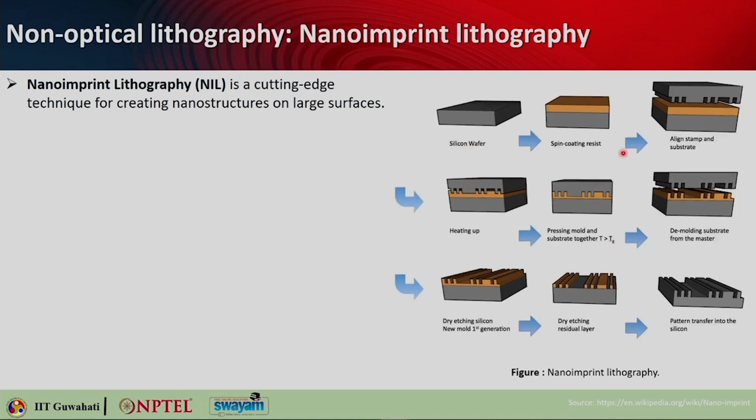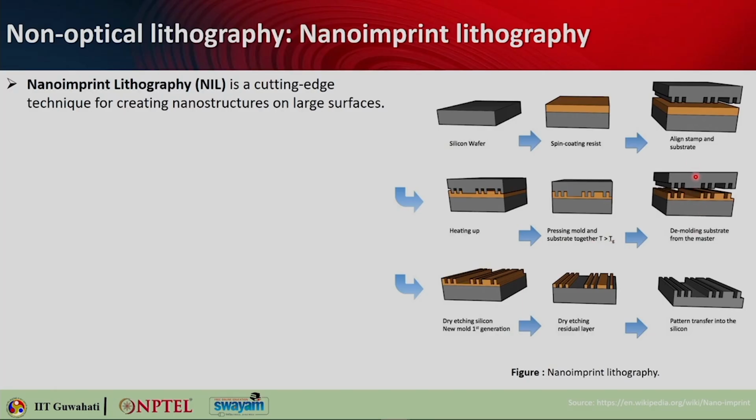You can take a silicon wafer and spin coat it with some resist, and then you align a stamp to this particular substrate, and then you heat up, and press the mold and the substrate together at that hot temperature, and then you demold the substrate from the master.